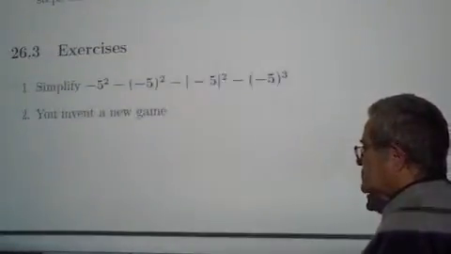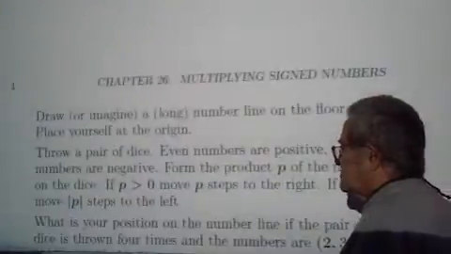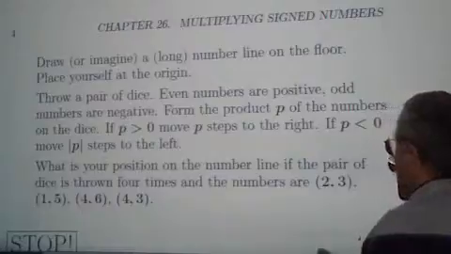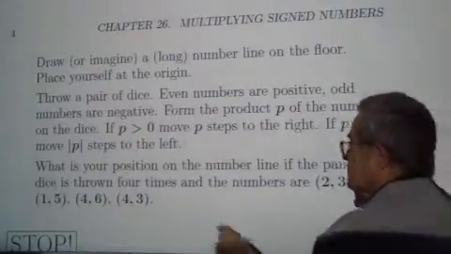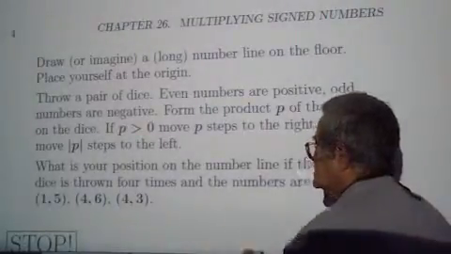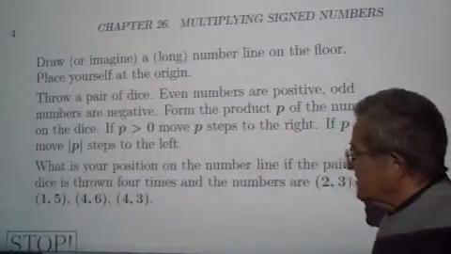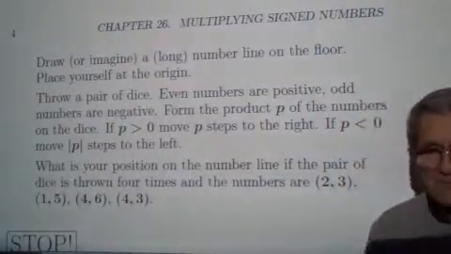And then we play the same game we had played earlier, and the numbers on the dice are 2, 3, 1, 5, 4, 6, and 4, 3. Okay, and that's it for this chapter.